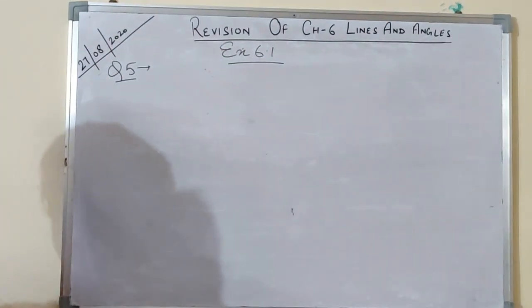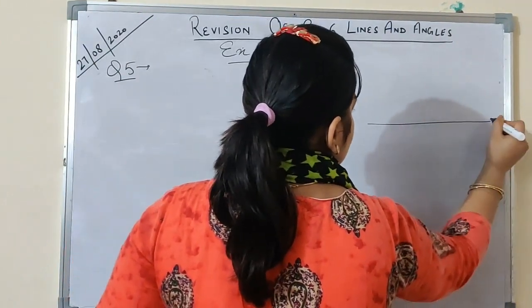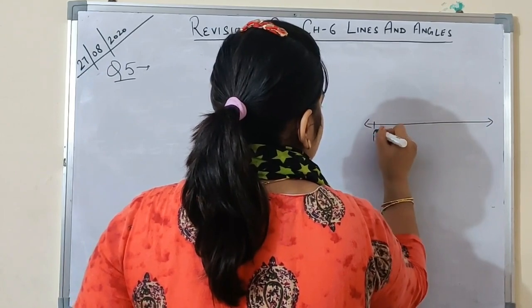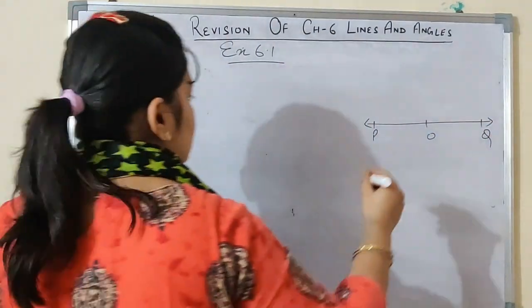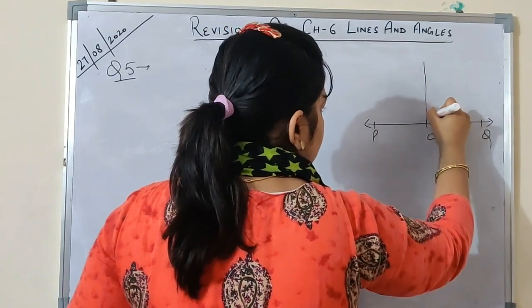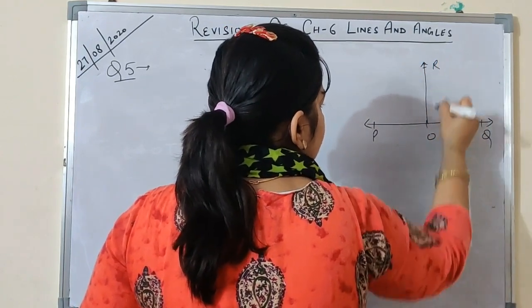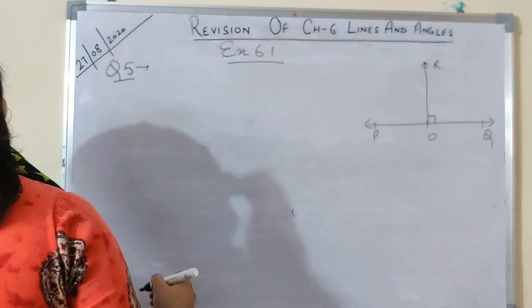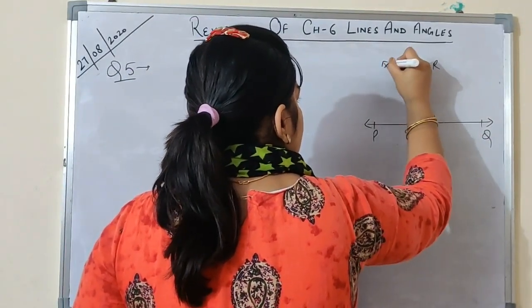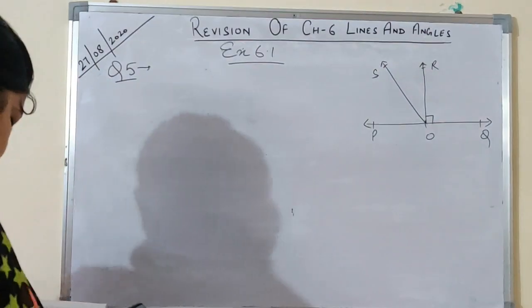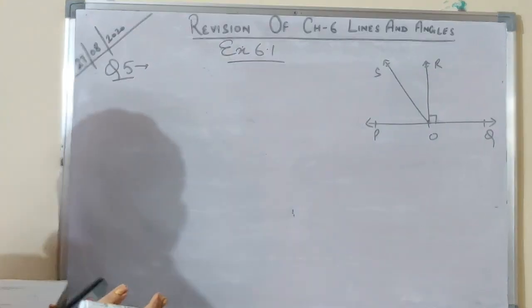Here again I am drawing the figure first. Again POQ is acting as a line over here. Then OR is perpendicular to POQ. Then it is the figure given like this.